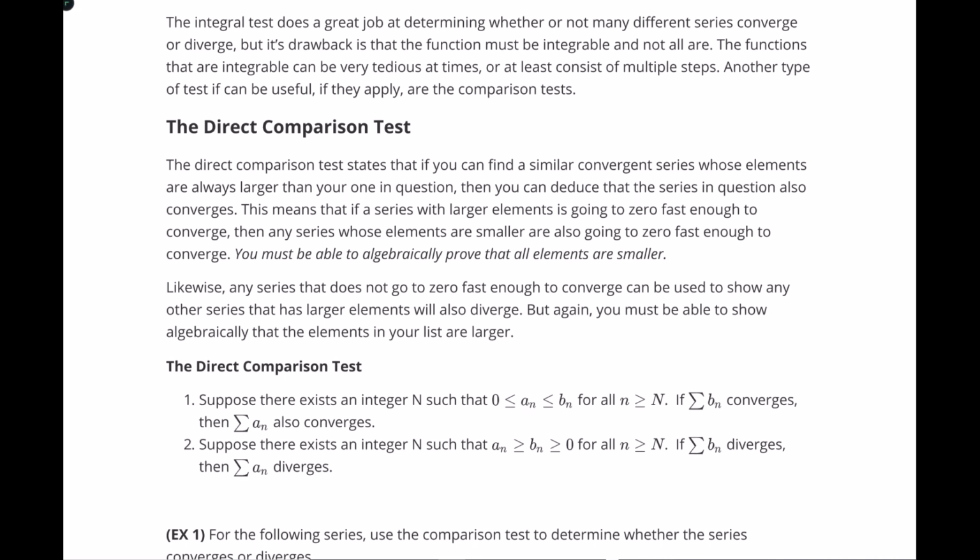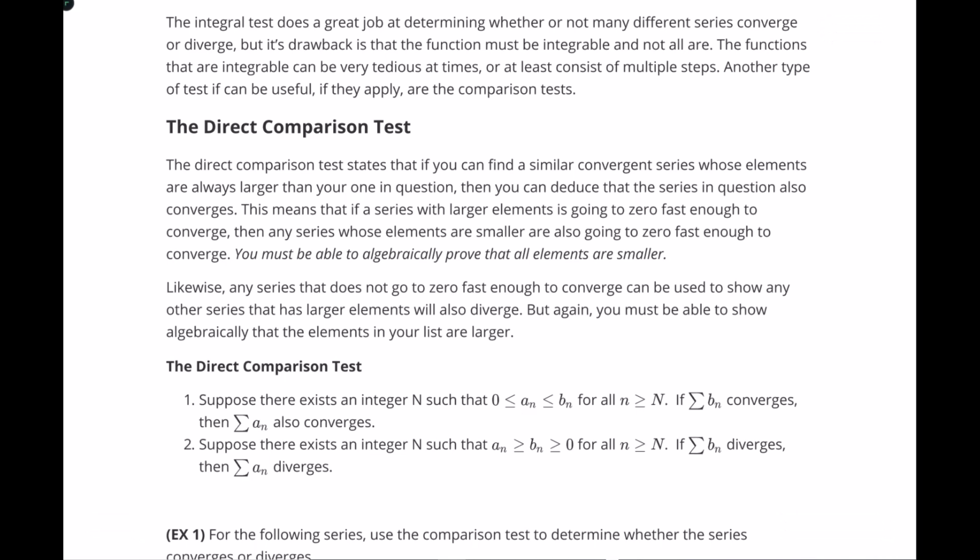And when you know if it's converging or diverging, you can compare each of those elements to the elements in the series that you're currently interested in. And let's say the original series is convergent, and all of the elements in the series you're interested in happen to be smaller than that. Well, then you would know that this series would converge as well.